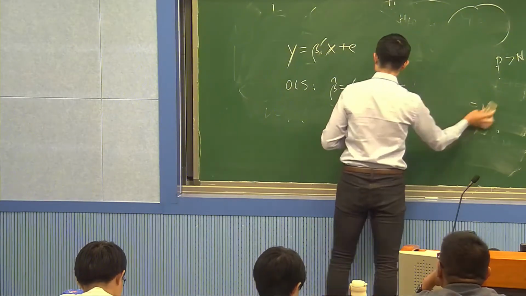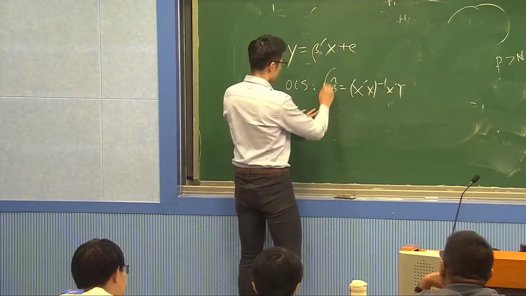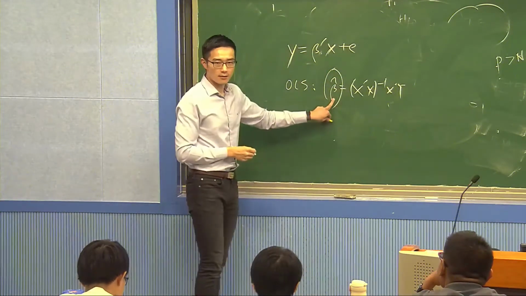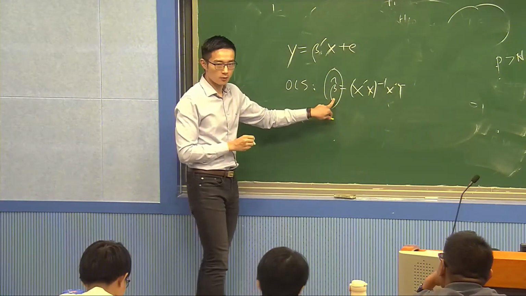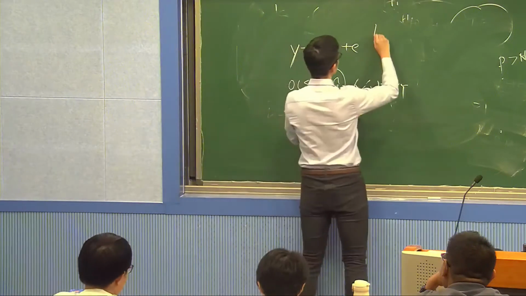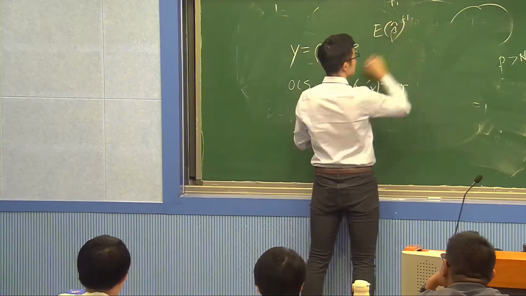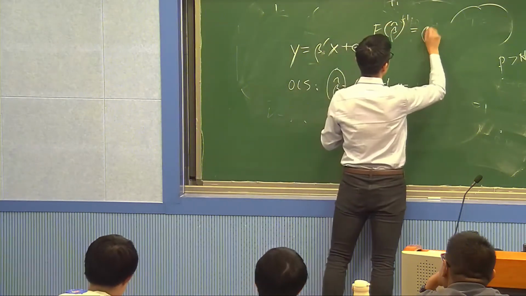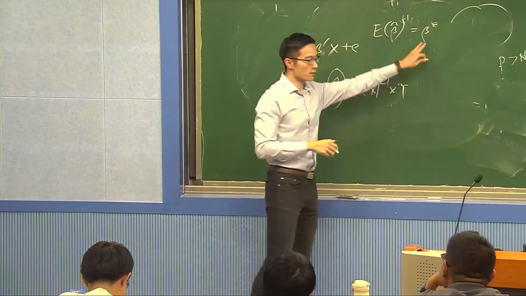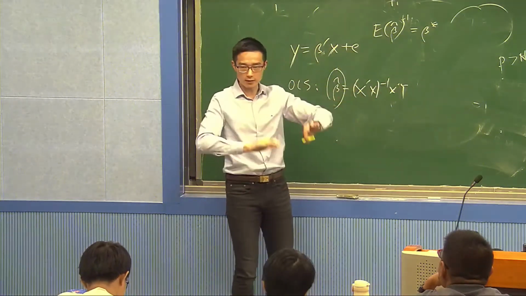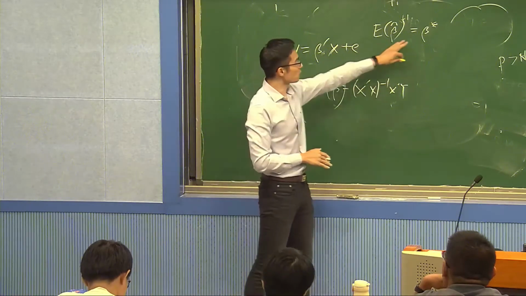One thing we know about this beta hat is that it is unbiased. What do we mean by unbiased? We mean the expectation of this beta hat will be equal to the underlying beta star. The underlying beta star is the best linear fit in the underlying population. The expectation will be the same.